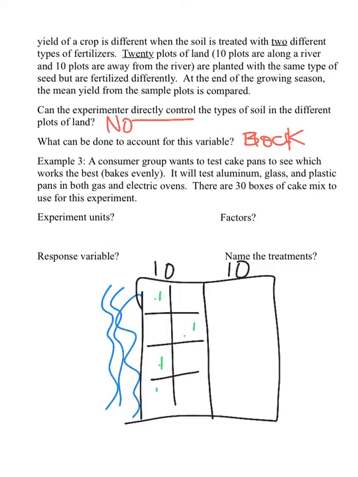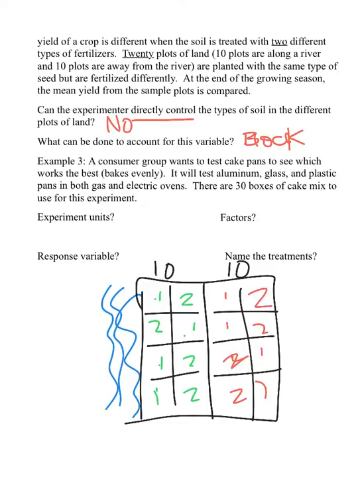And then I'm going to pick the others to have type 2. And that way I can compare just the fertilizer within that same type of soil, and type of soil doesn't become a confounding variable. And I do the same thing with the soil that's away. And then I can go ahead and do an experiment within that block to see how the fertilizer reacts.